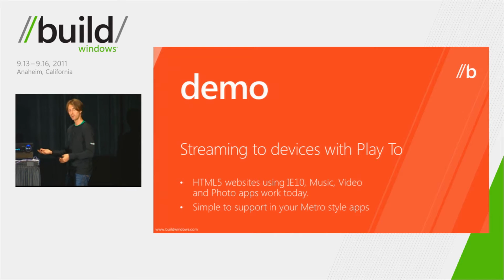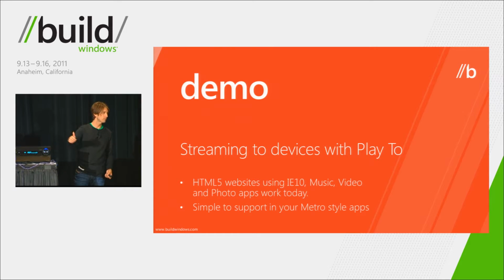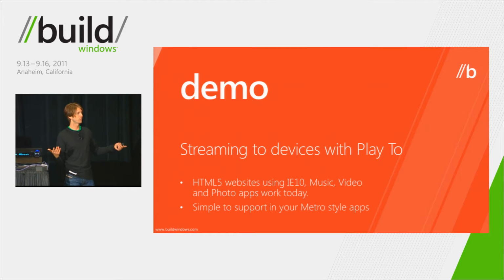But any web page that you connect to, whether it's audio or video or an experience with photos, just works. And you can stream that directly to the Play 2 receiver devices, and it all works the way you would expect. You still have the same control over what's happening. You can use the remote control of the device to control it too. And it automatically updates the transport controls in the application.